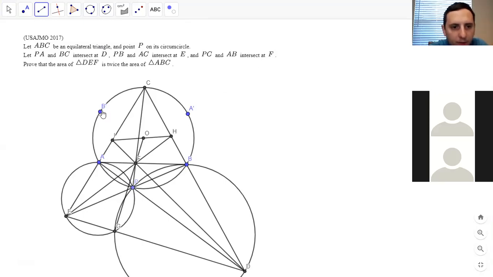Is it obvious? So saying that B, I, and P are collinear, what is that equivalent to? For B prime, I, and P?